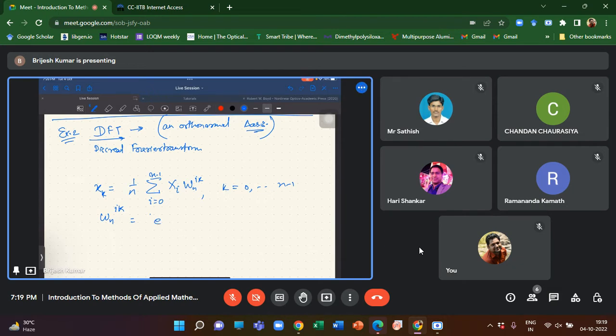So this xk is equal to 1 upon n, where this wn ik we consider e to the power j 2 pi by n. So this is, we know, the nth root of unity.